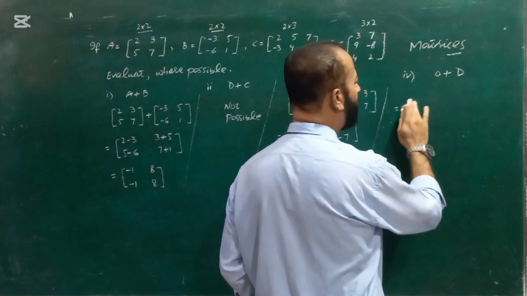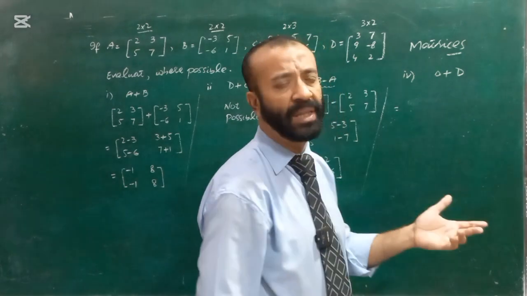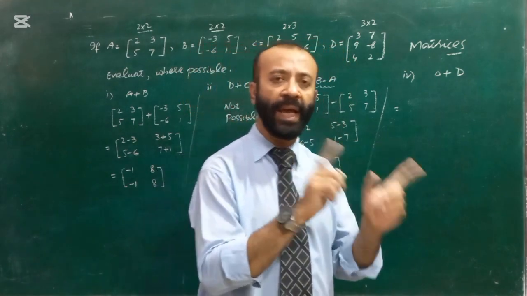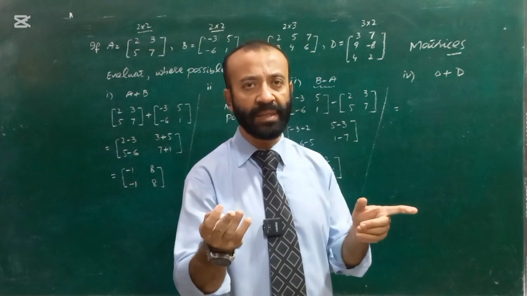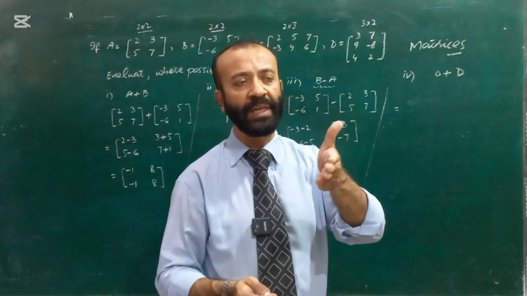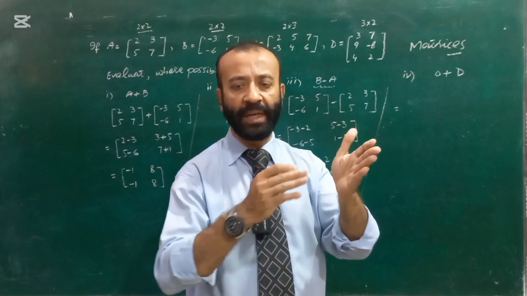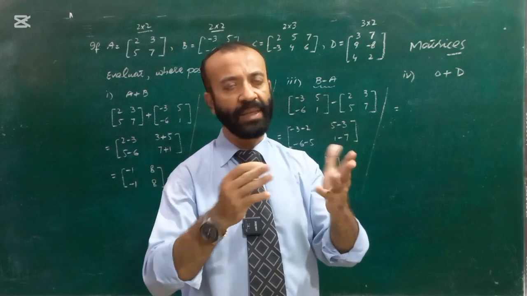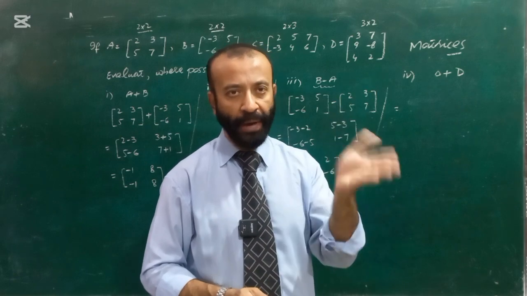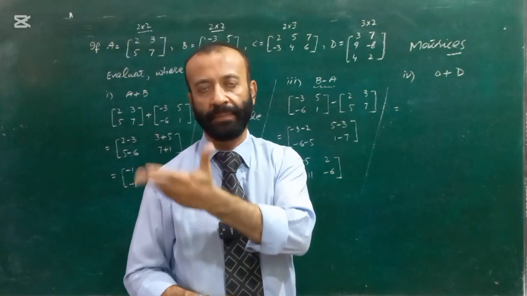And this is another very simple algebraic rule. When 0 is added with anything, the answer is the same thing, and when 0 is subtracted from something, the answer is the same. For example, 0 plus 5 is 5, or 5 minus 0 is 5.